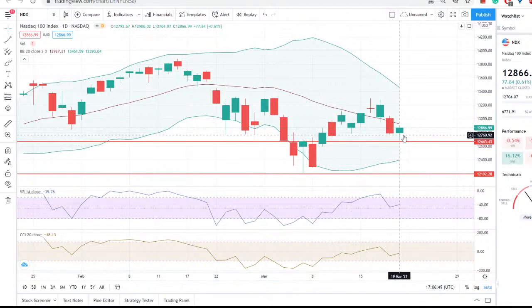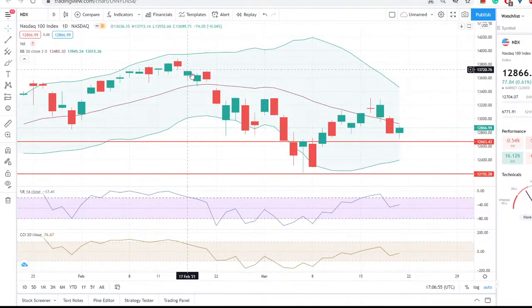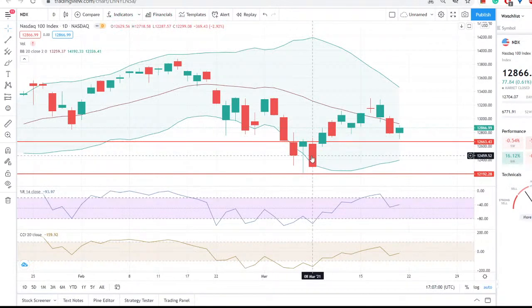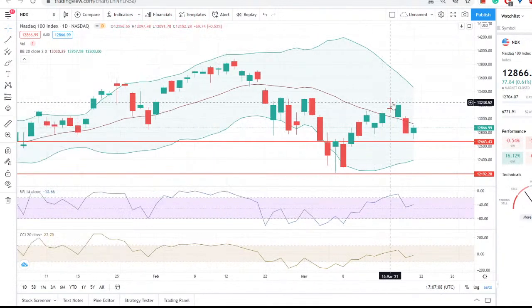So for Nasdaq, it has a totally different trend, as Vivek sir rightly mentioned. It has been on a downtrend for over 3 weeks, then corrected, and as we had expected last week, around this mid Bollinger Band level, we had expected around 13,000.